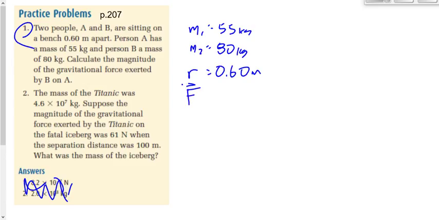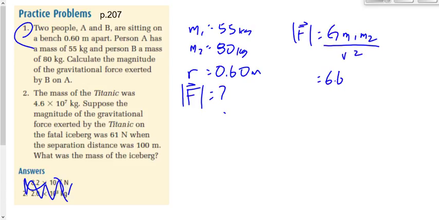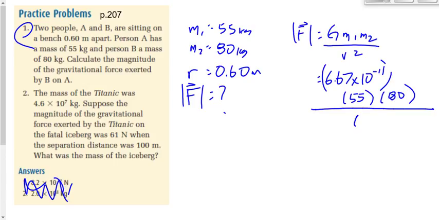We're calculating F here. So we're going to say F is equal to G M1 M2 over R squared. And then there's that constant. It's on your data sheet. M1 is 55, M2 is 80, divided by 0.60 squared. Okay, let's do this on the calculator here.